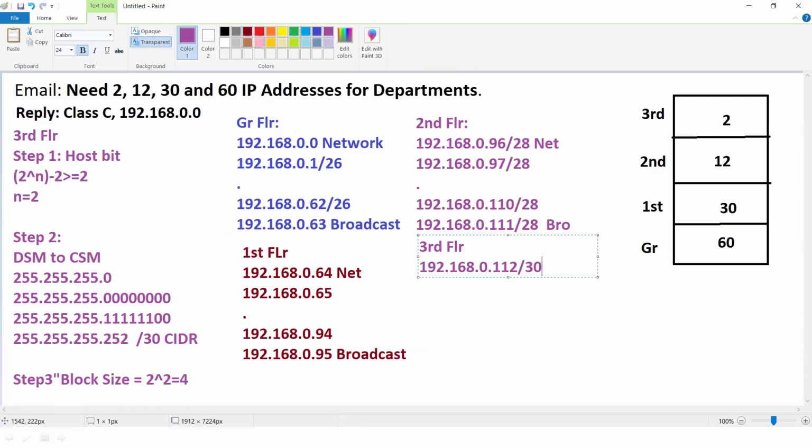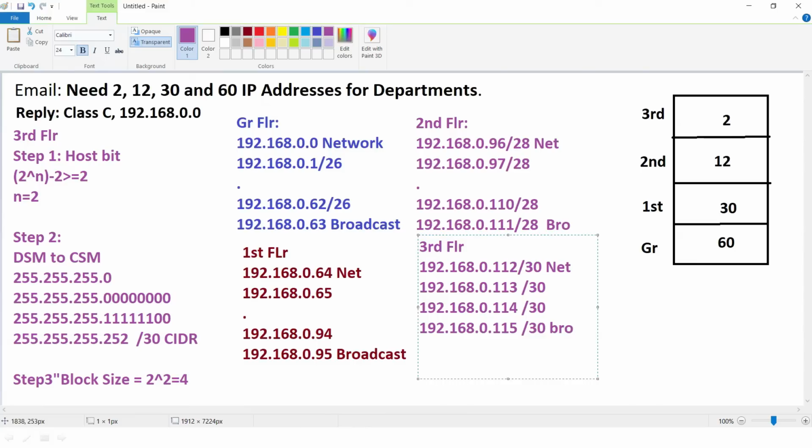This is our network for the third floor. 192.168.0.113 is the first valid IP. 192.168.0.114 will be the second valid IP. 192.168.0.115 will be the last valid IP. So this will be our broadcast.